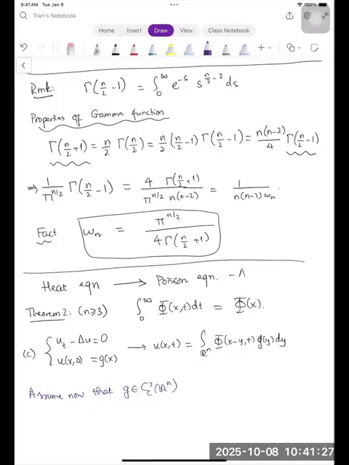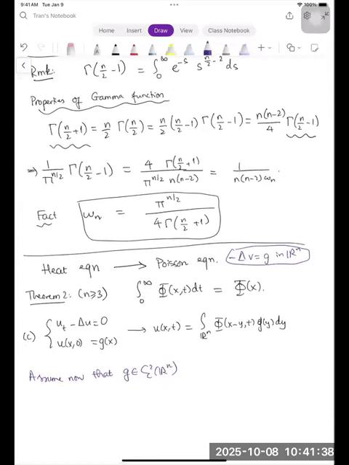Maybe let me write it: minus Laplacian of v equals g in Rn. So that's the Poisson equation I want to link to. I assume now g is like that.